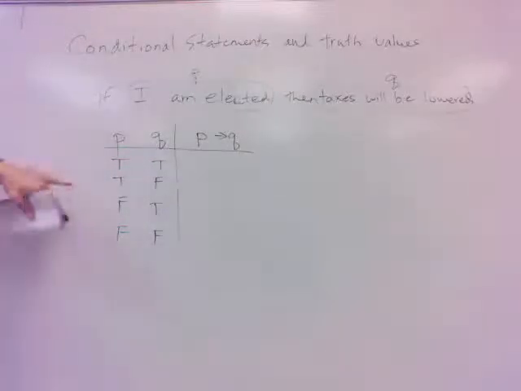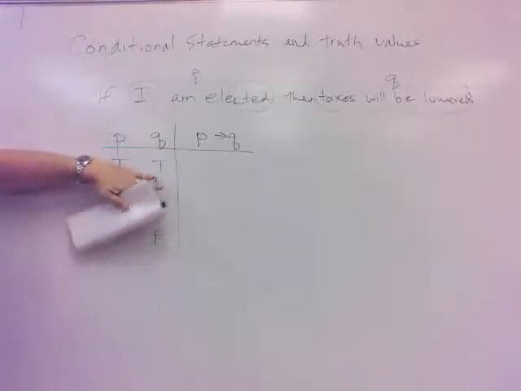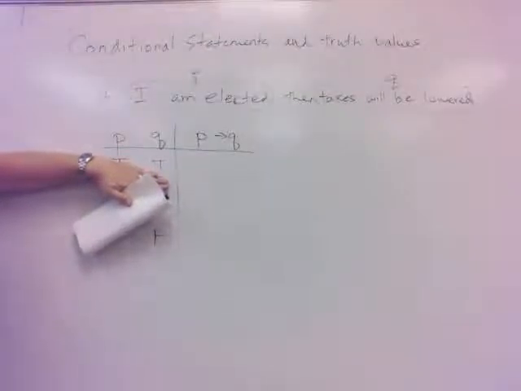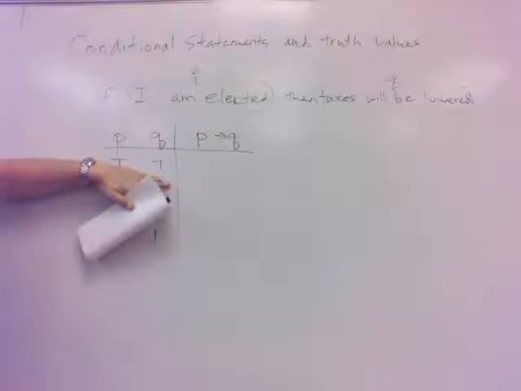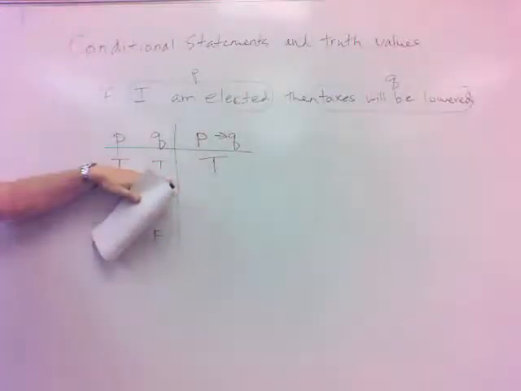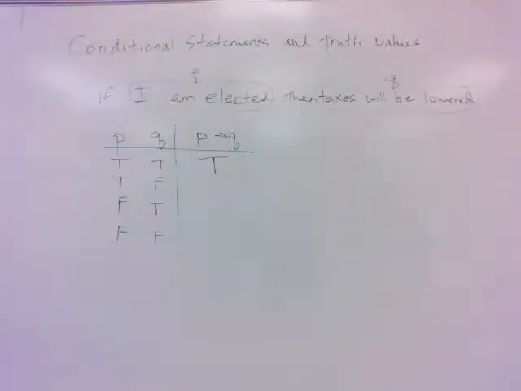Okay, so line 1, here's what happens. P is true, the politician is elected, and Q, taxes will be lowered, is true also. Did the politician lie there? No. We would have to say the politician told the truth. Okay? So T arrow T is true, just like on all the others.